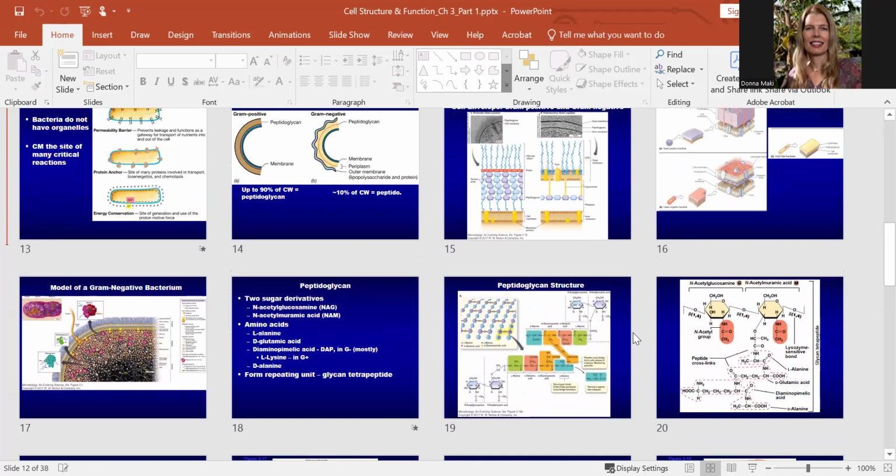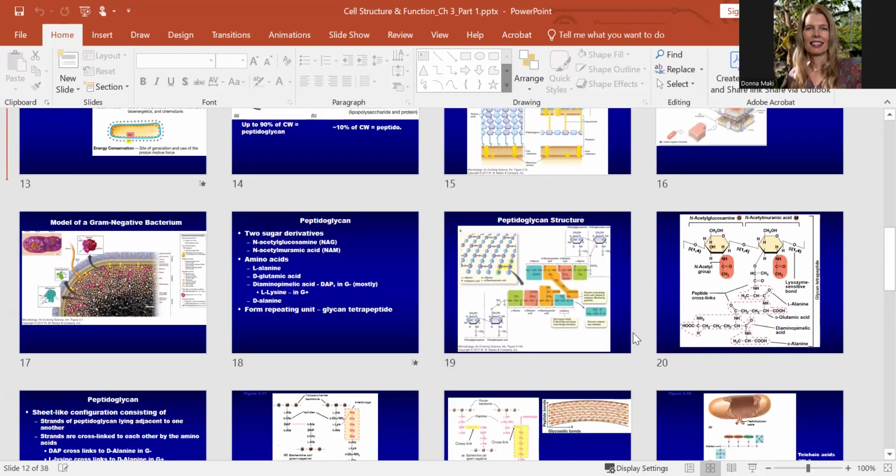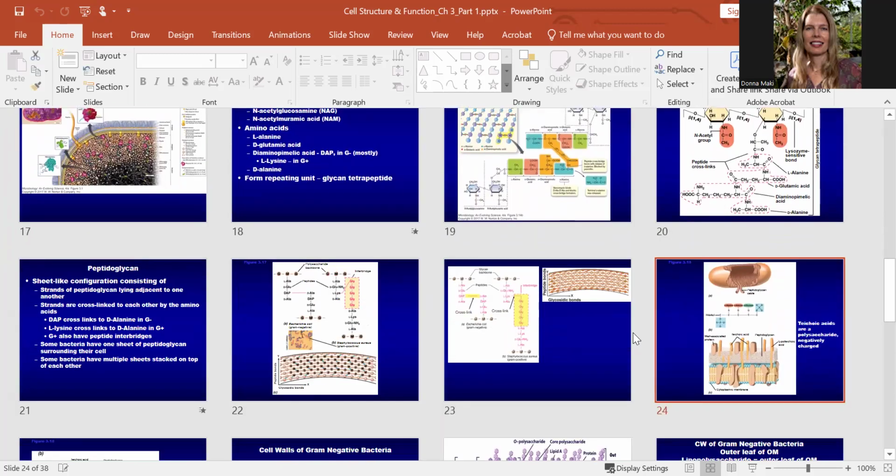Together. Yeah, so that's part of it. Some of them anyways can anchor all the way through. Some only go part way. And so that does help give some structural integrity, I guess, to that. That's with the gram-positives.